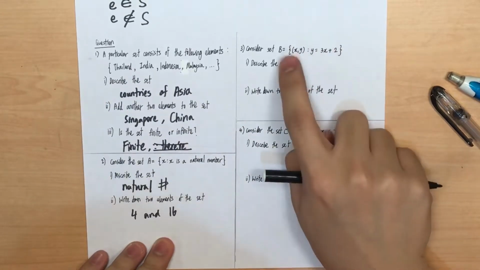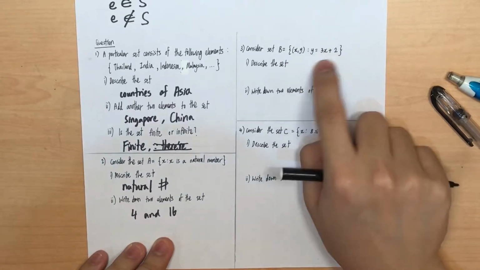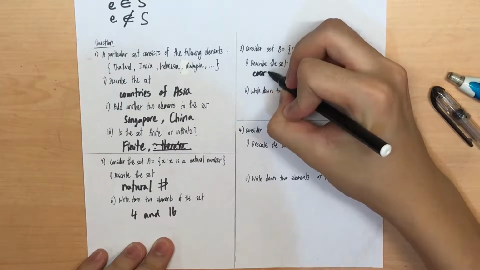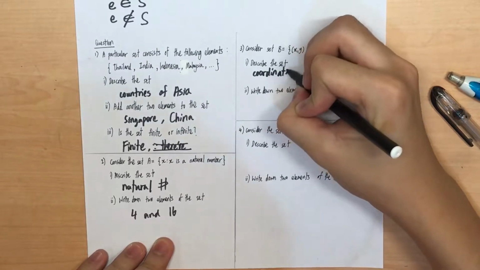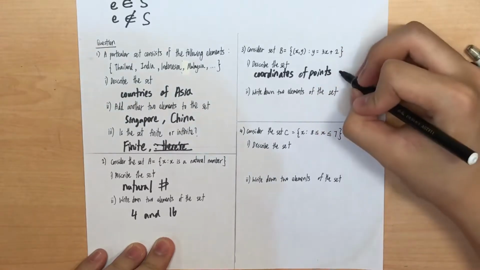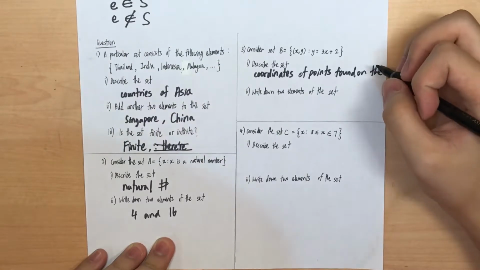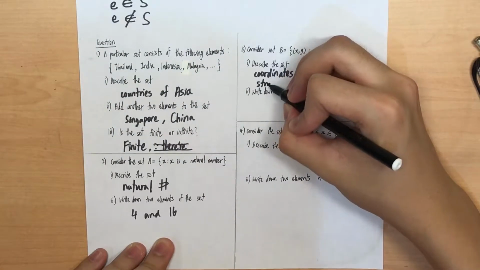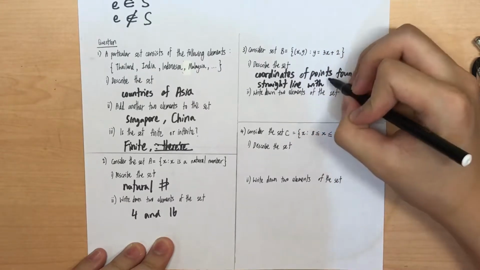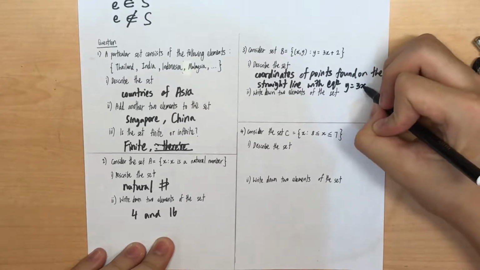So the elements of this set B are the coordinates of points found on the straight line with equation y equals 3x plus 2.